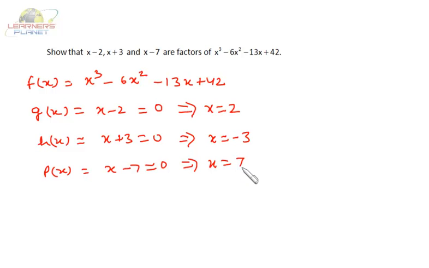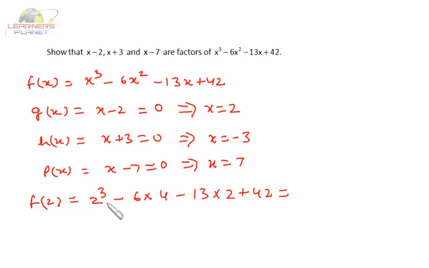If they are 0, then all of these will be factors of this polynomial. So first of all, let's calculate f of 2. So let's put the value of x as 2. It's 2 cube minus 6 into 2 square, that is 4, minus 13 into 2 plus 42.